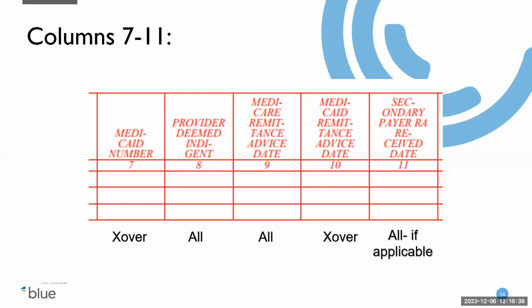If it takes you over 120 days to send that first statement, that's okay, but there needs to be a reason, like you're trying to bill Medicaid or you're trying to bill an insurance. If you're doing that, put that date here, whether you get a paid remit, denied remit, or just a notification. That is going to help the auditor to know why it took you over 120 days to send that first statement.